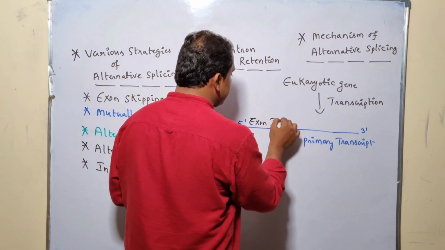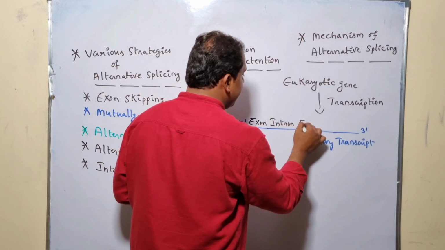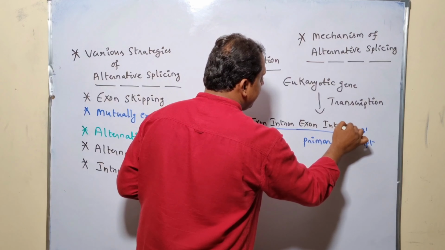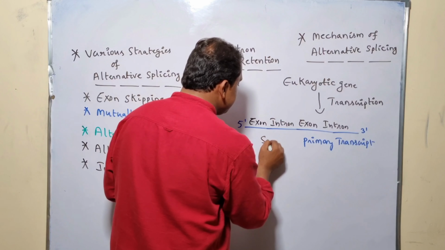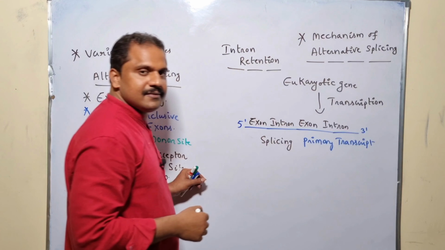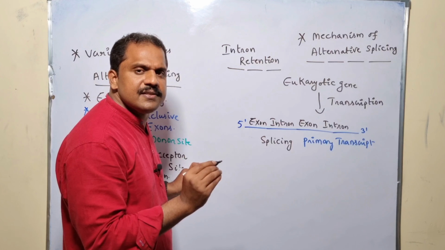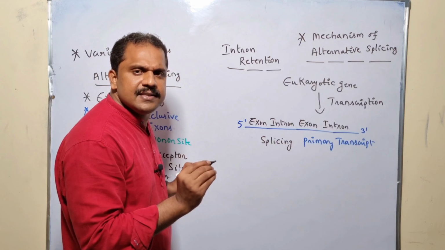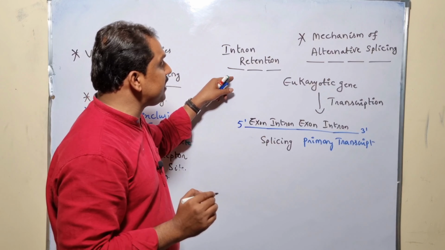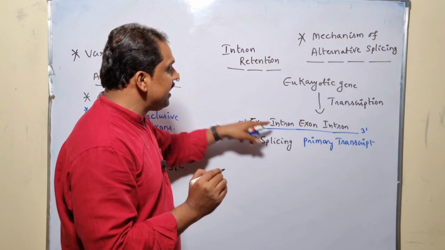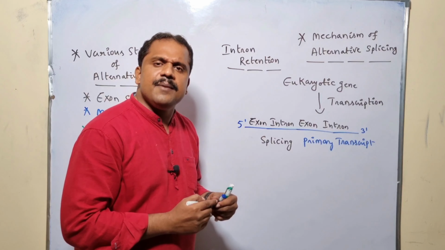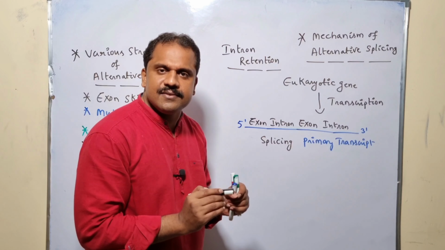Exon, and here it is nothing but the intron, and again it is exon, and again here it is nothing but what? Intron. So here during the splicing mechanism, the introns, which are nothing but the non-coding sequences which do not have any biological role, undergo splicing. But here in case of intron retention, what exactly happens is that instead of undergoing splicing, the particular intron remains in association with the particular exon.